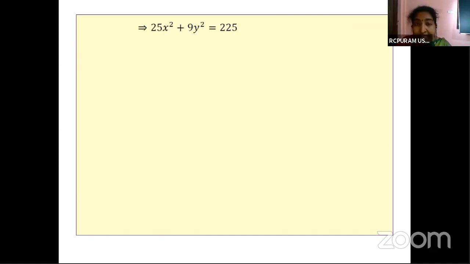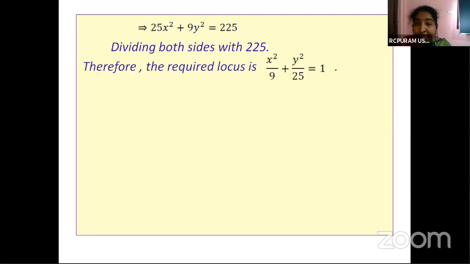Now I will take 25x square plus 9y square equal to 225 and I will divide with 225 on both sides. When I do so, 25x square by 225 gives you x square by 9, and 9y square by 225 gives you y square by 25, which is equal to 1.